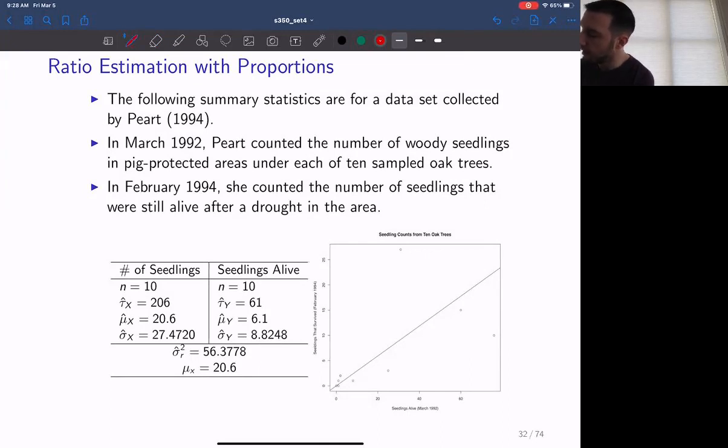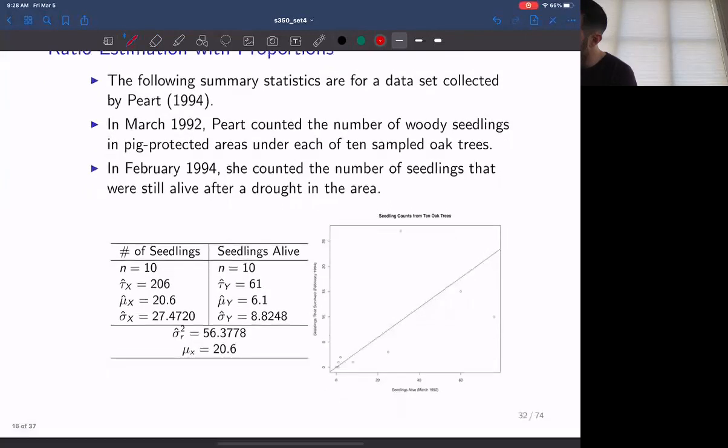Now, effectively, each of these points is a count of the number of these woody seedlings. So these are all discrete values that are counting the number of times the researcher observed these woody seedlings on each of the oak trees.